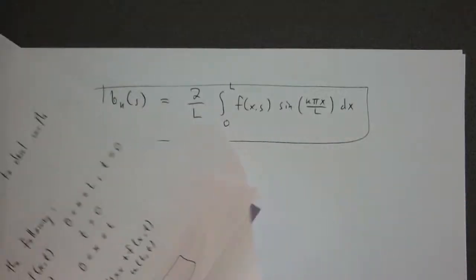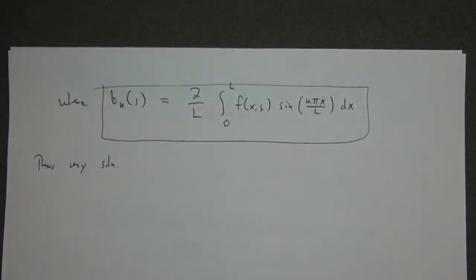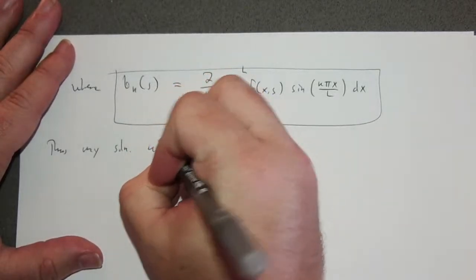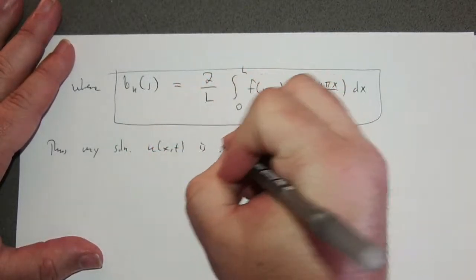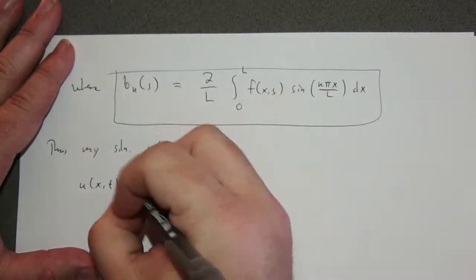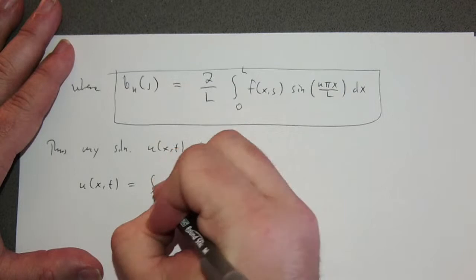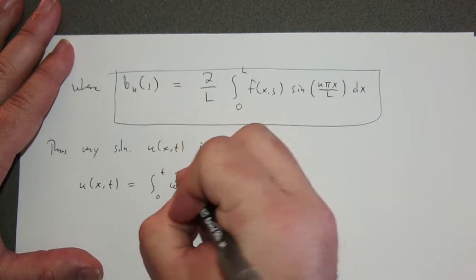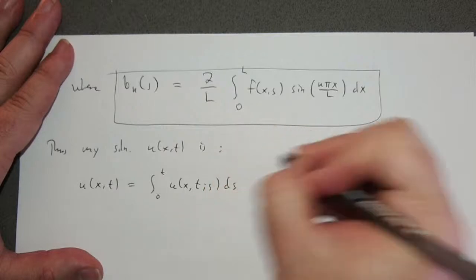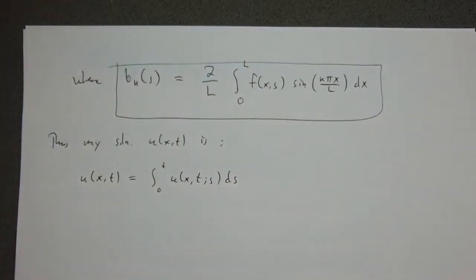Now, my u of x, t, that's my solution, is, by Duhamel's principle, the integral from 0 to t of u of x, t, s ds. Well, what is that thing?